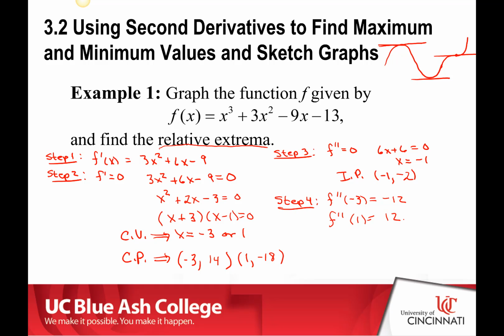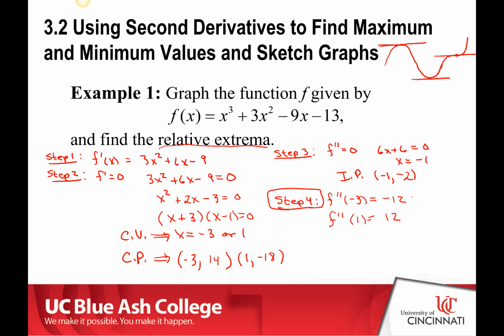Now, if I go back to the slides, you can see over in the lower right-hand area here, I wrote step 4. The second derivative at -3 is a negative value. That tells you right away that the critical point, -3, 14, is a what? Max or min? Well, let's see. It's negative, so that means it's concave down.